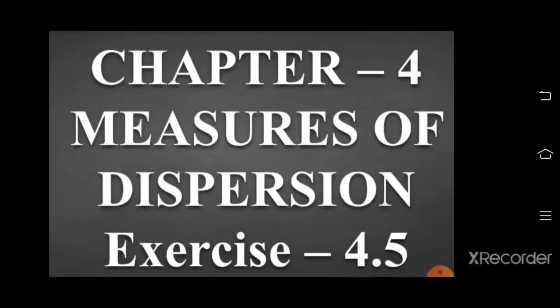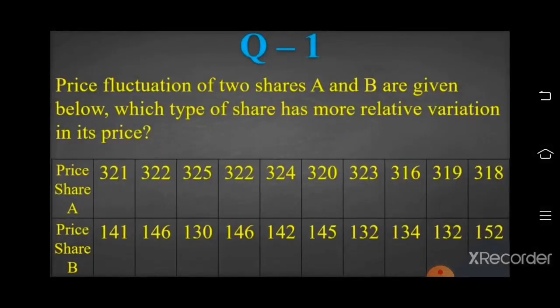Exercise 4.5, sum number 1. Price fluctuations of two shares A and B are given below. Which share has more relative variation in its price?